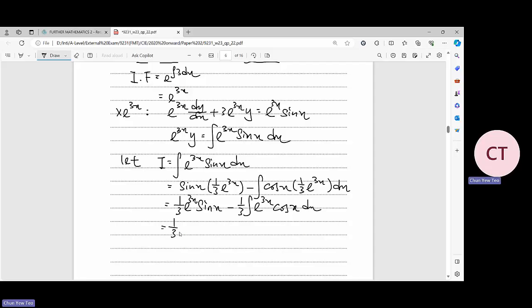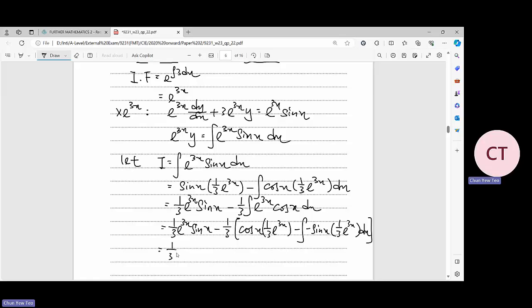So this one, the front one, just copy down. Over here, you have a cos x, 1 over 3 e power 3x minus the negative sin x, 1 over 3 e power 3x dx.